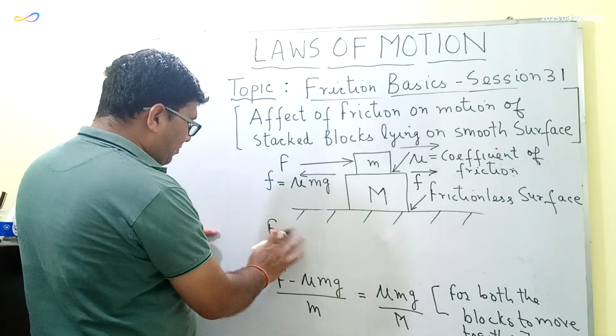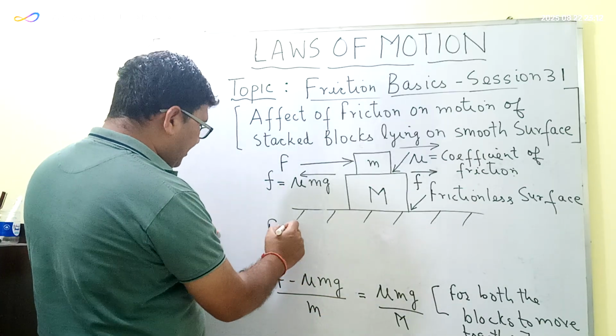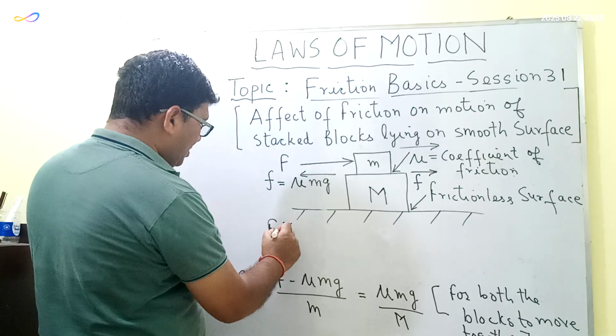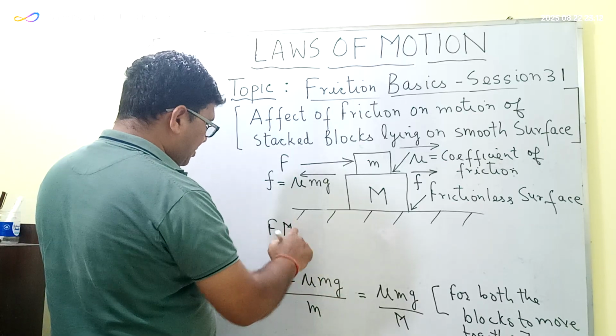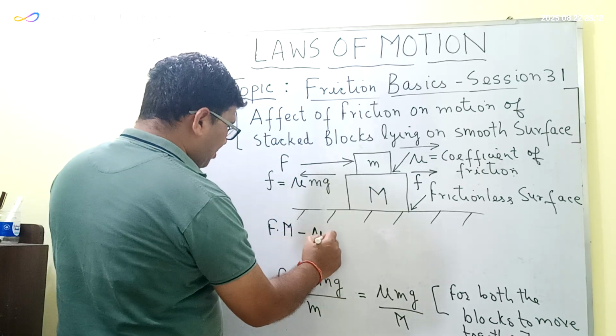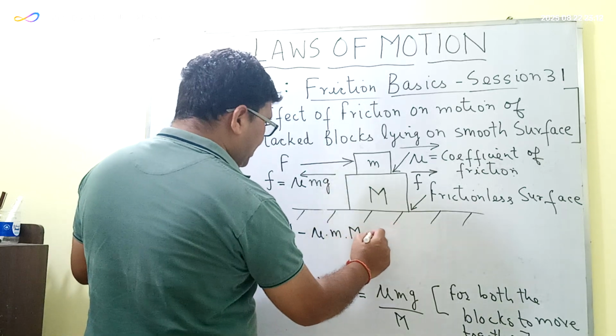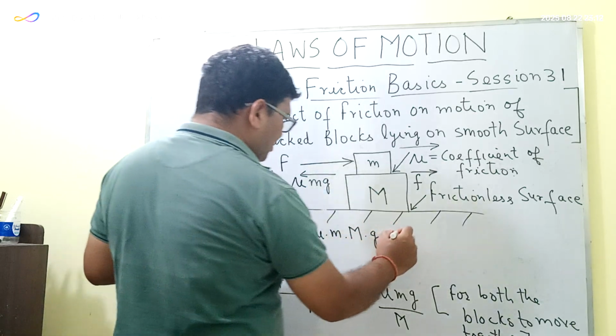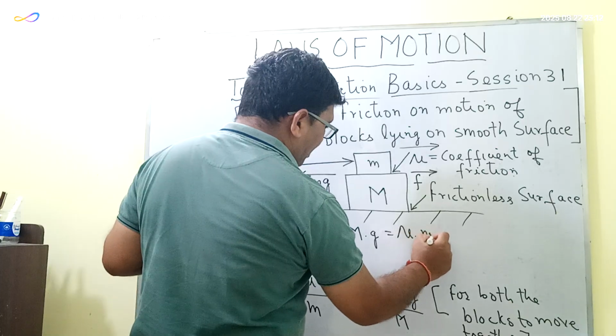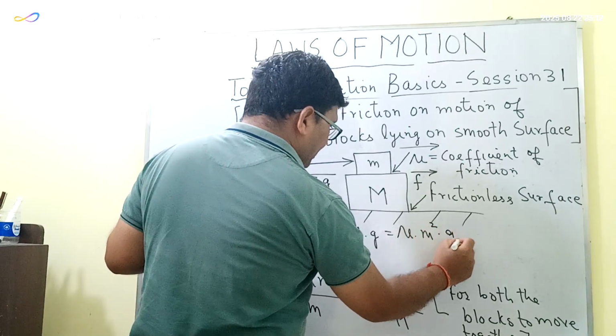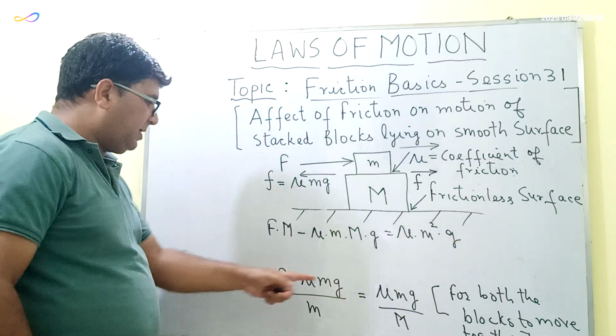So ये हो जाएगा आपका by cross multiplication I will be getting F M minus mu small m capital M g, this is equal to mu m square, that is small m square into g by cross multiplication.